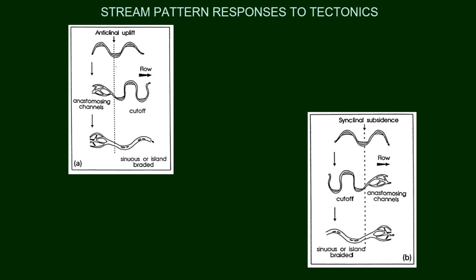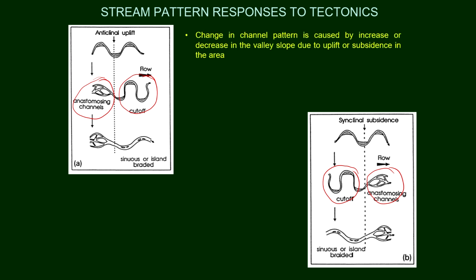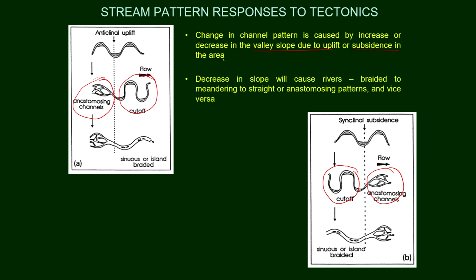This is an example here, that you have an anastomosing channel here, and in the downstream it will become sinuous. Similarly, here if you are having a sinuous channel, then it goes into anastomosing and so on. So, these are the indicators. Change in the channel pattern is caused by increase or decrease in valley slope due to uplift or subsidence of the area respectively.